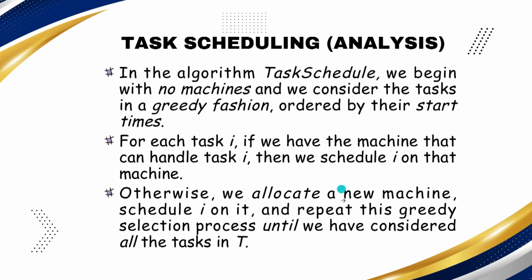If the particular machine is not free or is executing some other task by the time I intend to start task I, then I have to think of allocating a new machine to schedule task I onto it. So, we will be repeating this greedy process until our task set becomes empty, until all the tasks in the task set are completed.